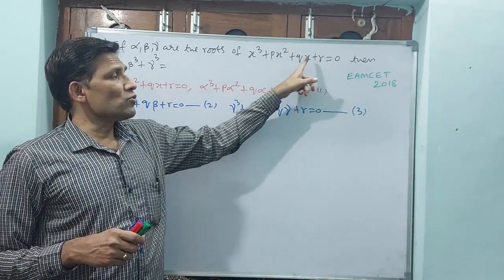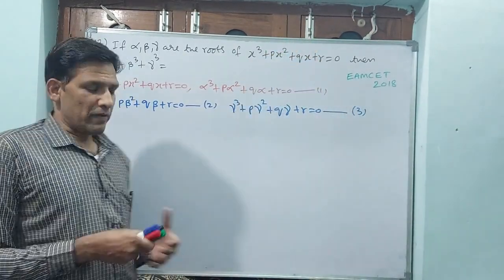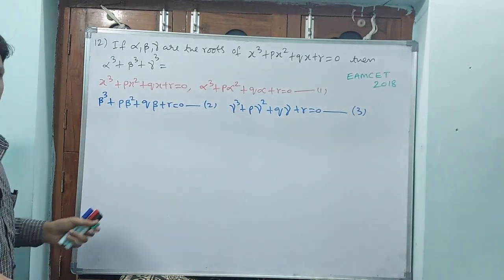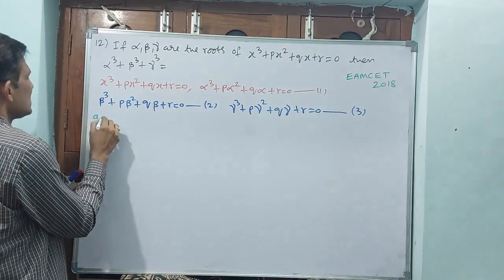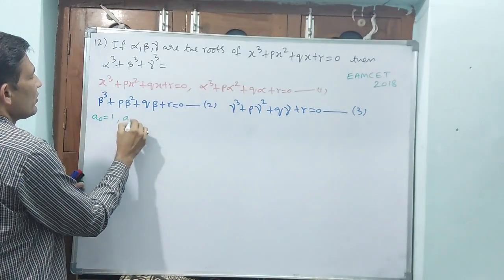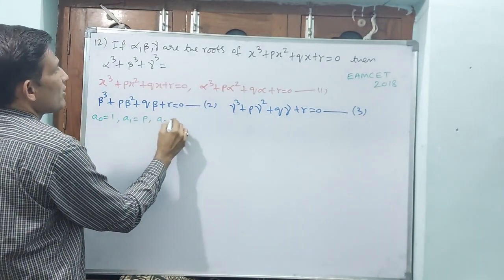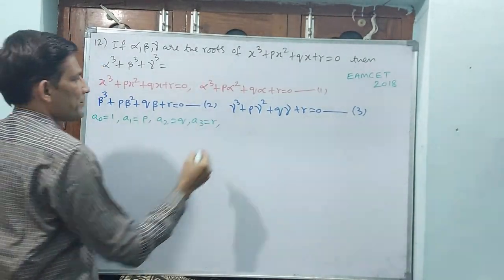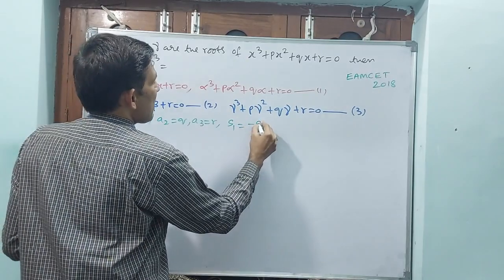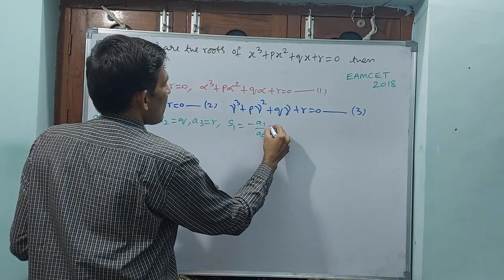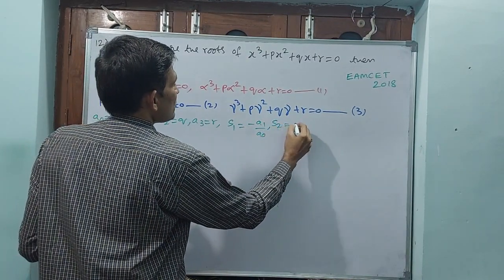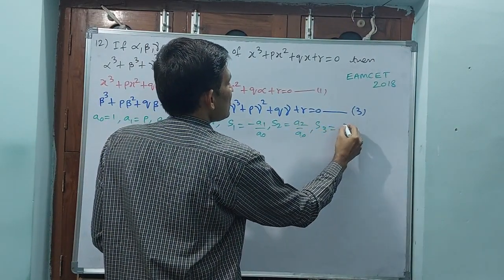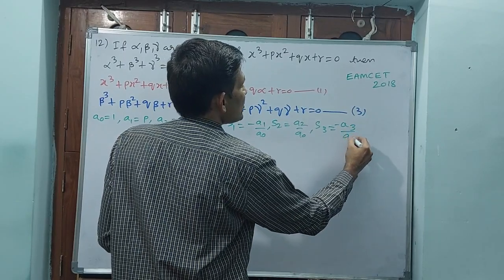A0, A1, A2, A3, S1, S2, S3 also you find. Let us find. A0 is equal to 1, A1 is equal to p, A2 is equal to q, A3 is equal to r. S1 is equal to minus A1 by A0, S2 is equal to A2 by A0, S3 is equal to minus A3 by A0.